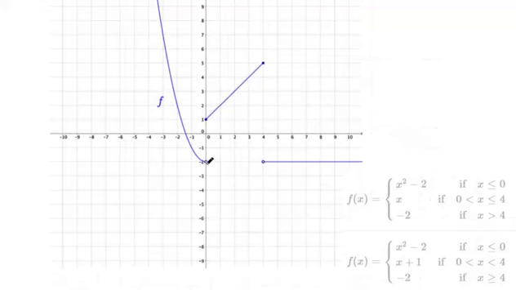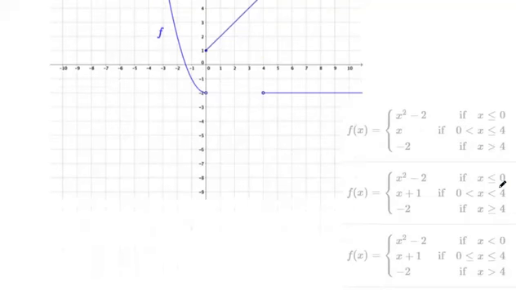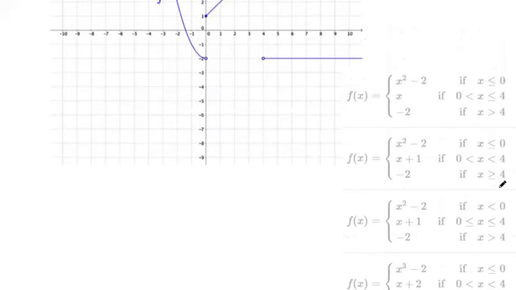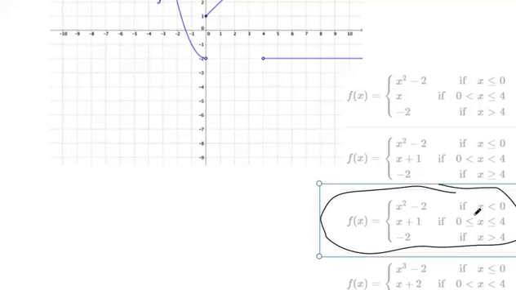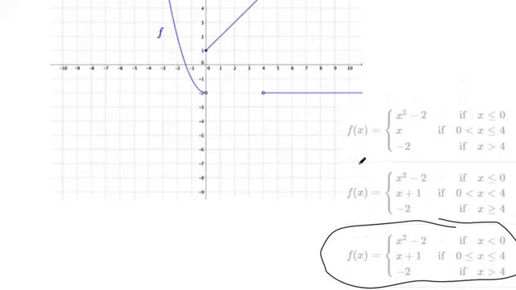It's an open circle, but this is implying a closed circle. That makes me think that's one we need to skip. This one looks like it's going to be my winner because there's x is less than 0. So my x squared function is happening when x is less than 0 over this way.